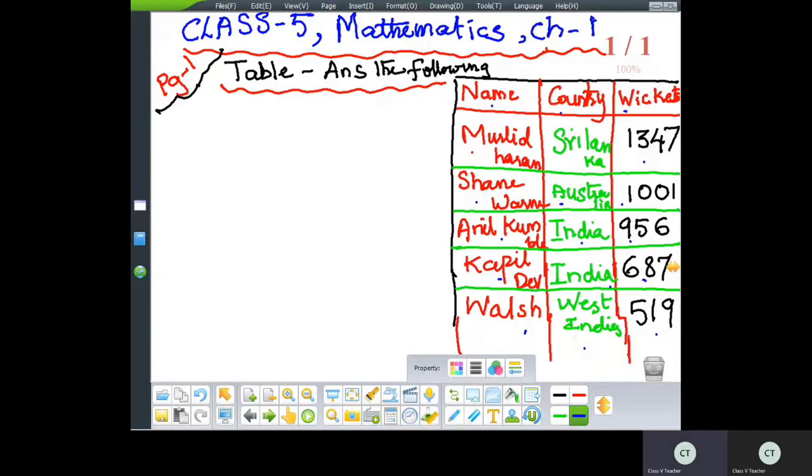Now we have a first question here. Who has taken the highest number of wickets? First question.